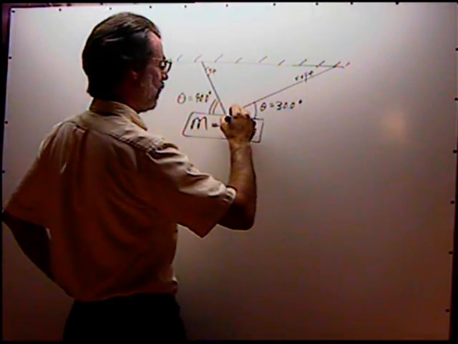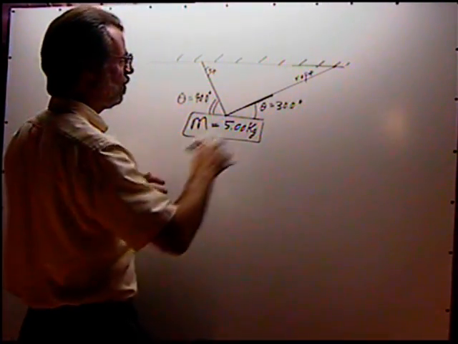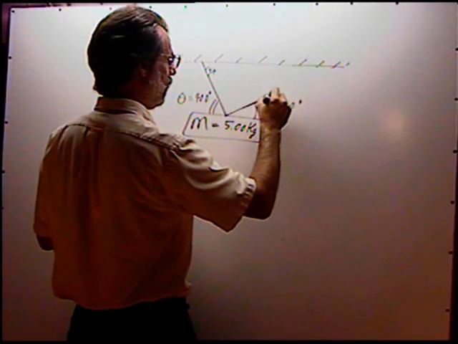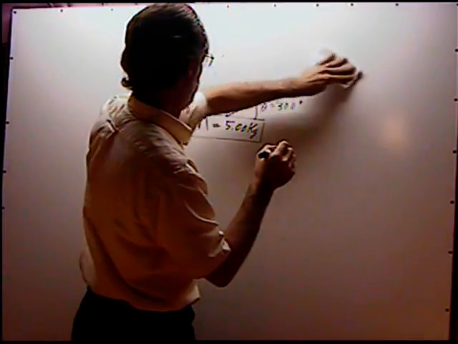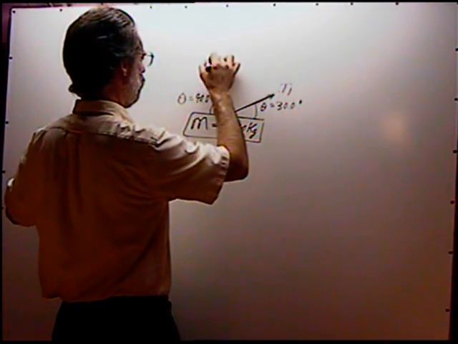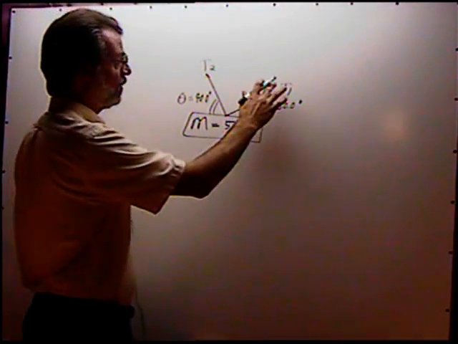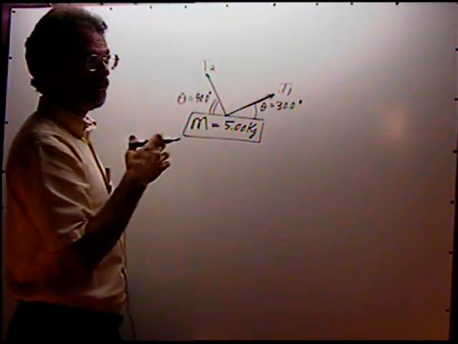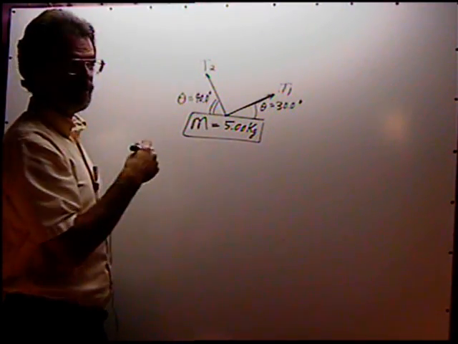Let's start off by drawing, again, a free body diagram. We're going to call this T1, and we're going to call that T2. Our job in this problem is to find the tension T1, which is a force, and the tension T2, which is another force, in these ropes. Now, this is really a two-dimensional static problem.